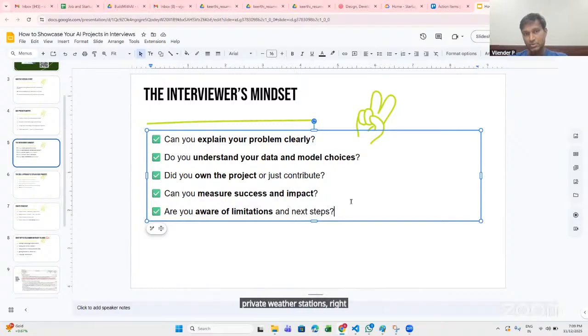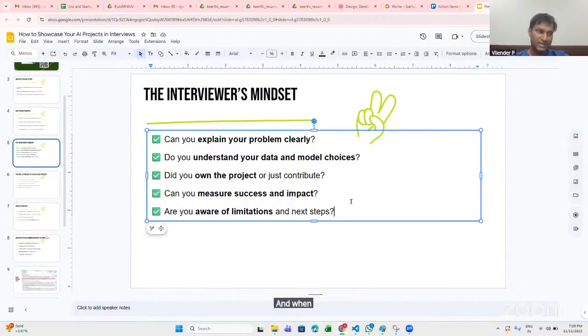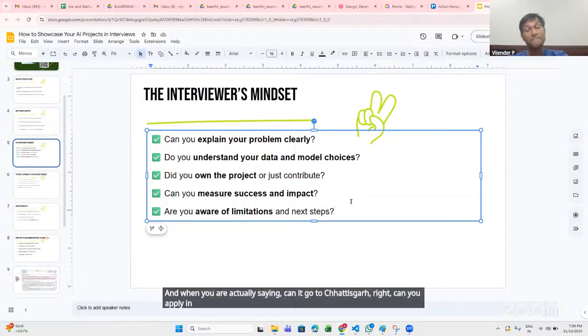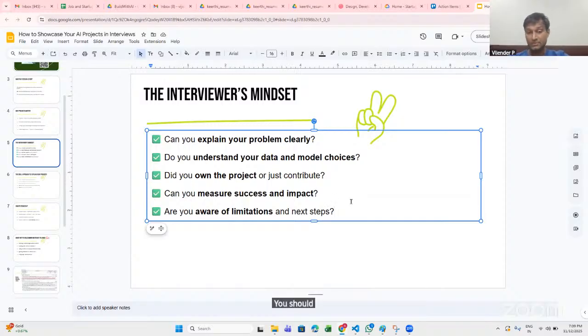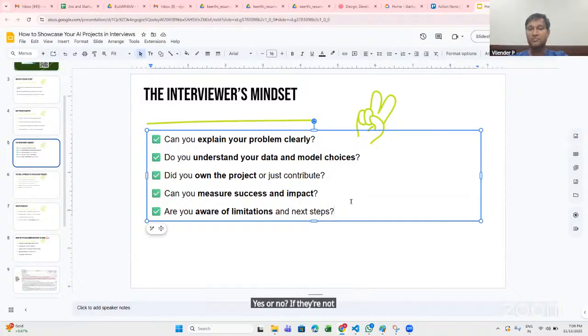These are some of the limitations or constraints you should be aware of when building a model. And when asked whether it can go to Chhattisgarh, you should ask the same questions: do these assumptions apply to the data there? Yes or no? If they're not applicable, then you would say whether your model works or does not work.